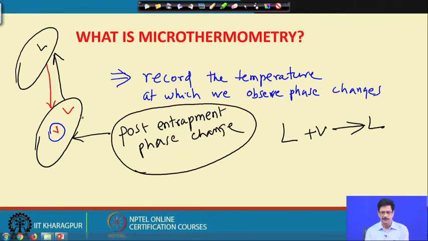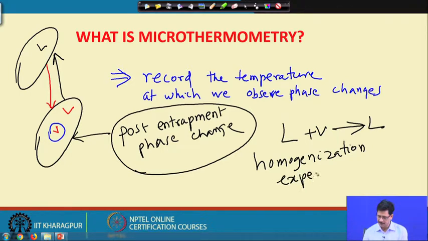So, it would be worthwhile to introduce the term here. We generally call this homogenization, and what we do here is actually homogenization experiments.